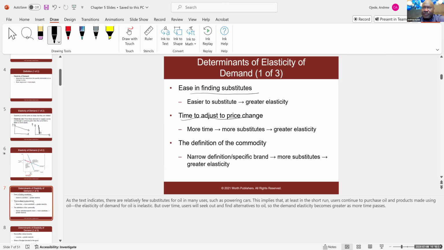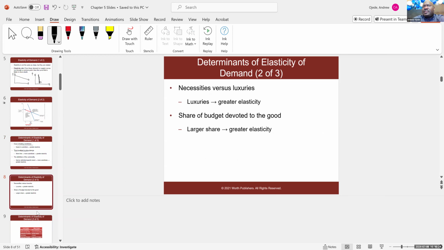Narrow definition, specific brand, more substitutes, greater elasticity. We have goods which have very specific brand names. Consumers are going to respond a lot in that case for any small price increase because they can buy from somewhere else, right?